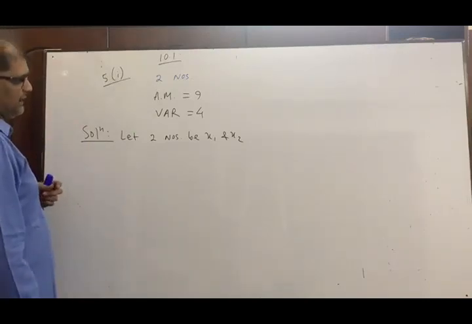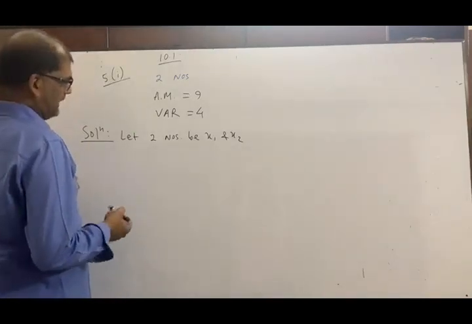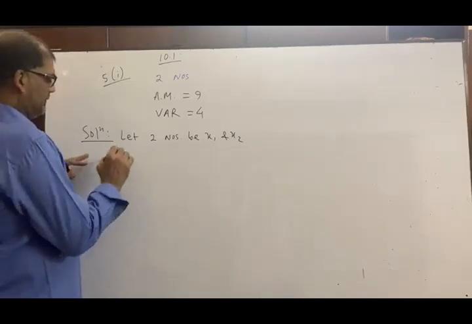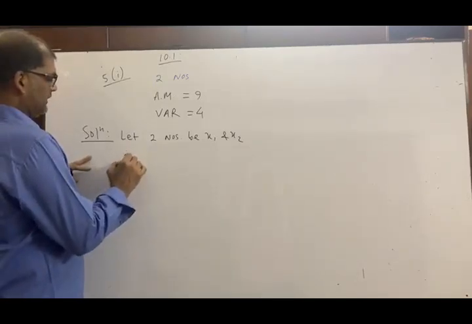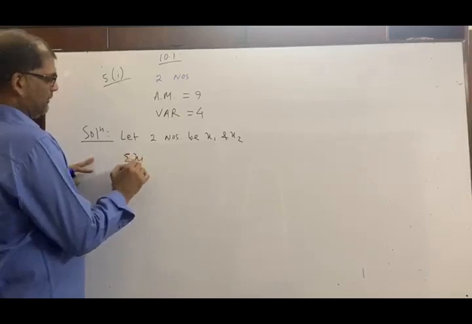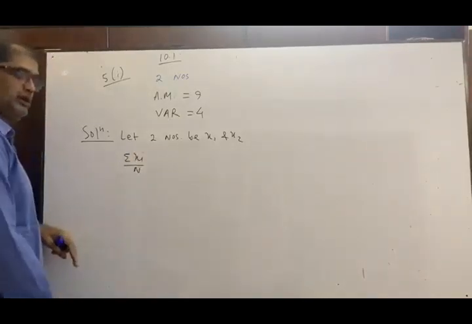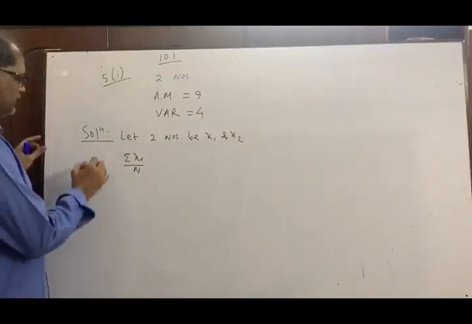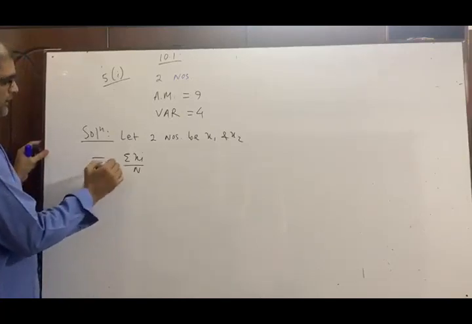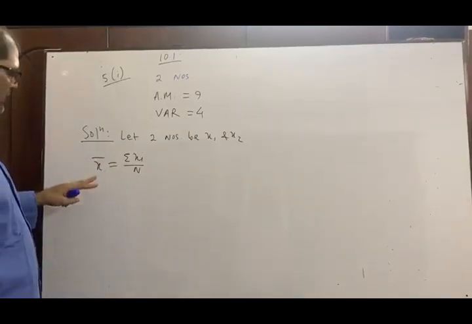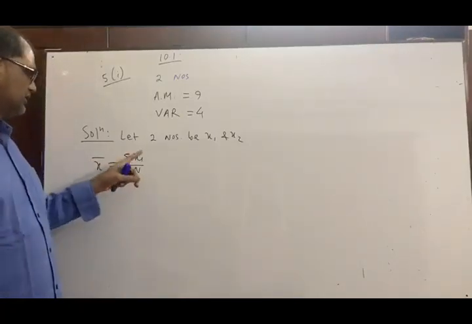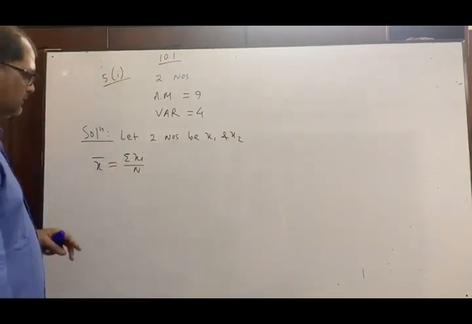Arithmetic mean is 9. That means summation xi by n, right? This is called arithmetic mean. Formula of arithmetic mean is summation of xi by n.